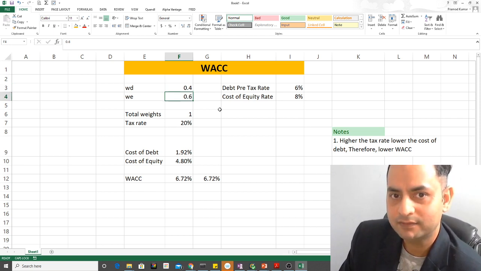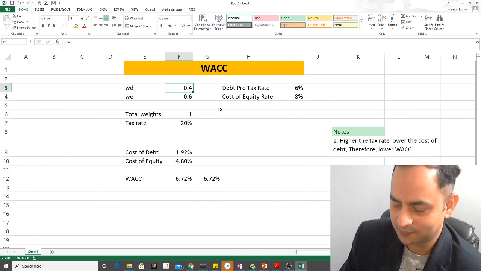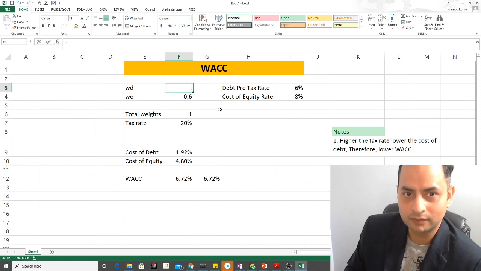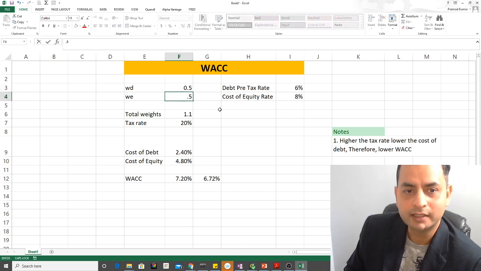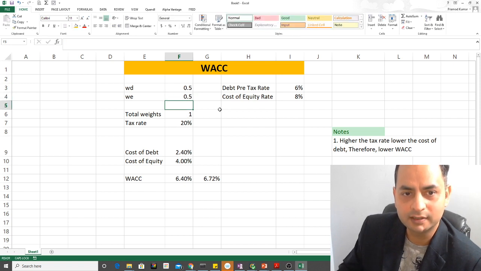So if I switch this to, let's say, 50%, and then this to 50% as well to make the weights 100%, as you notice, when I change it, my cost comes even lower.